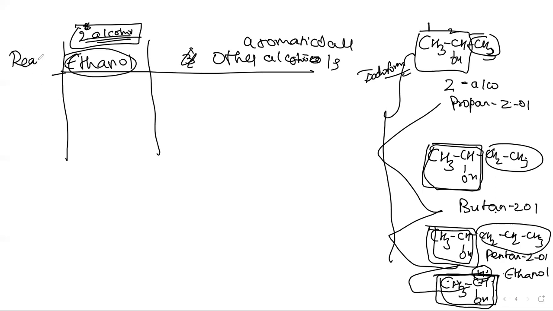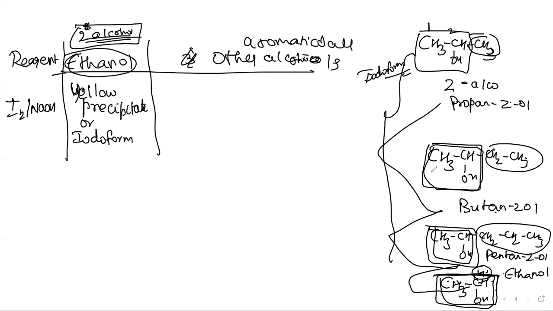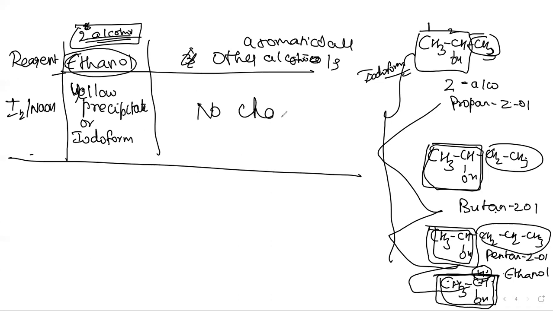When you add the reagent iodine and sodium hydroxide, these will produce yellow crystals, a yellow precipitate of iodoform. So when they ask to distinguish between these and some other alcohol, you can write this test. Here, all of these, no change.